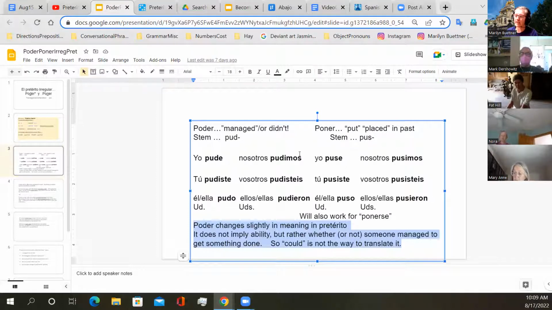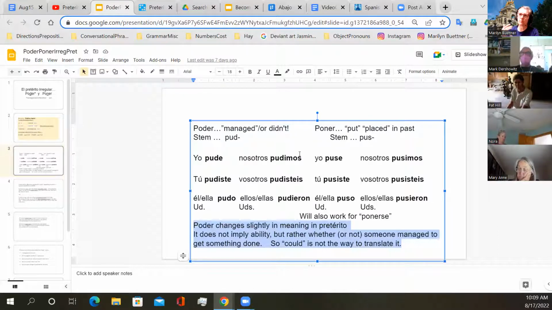In my opinion, conversationally, in a random 15-minute conversation, I think poder is a little more common in imperfecto.